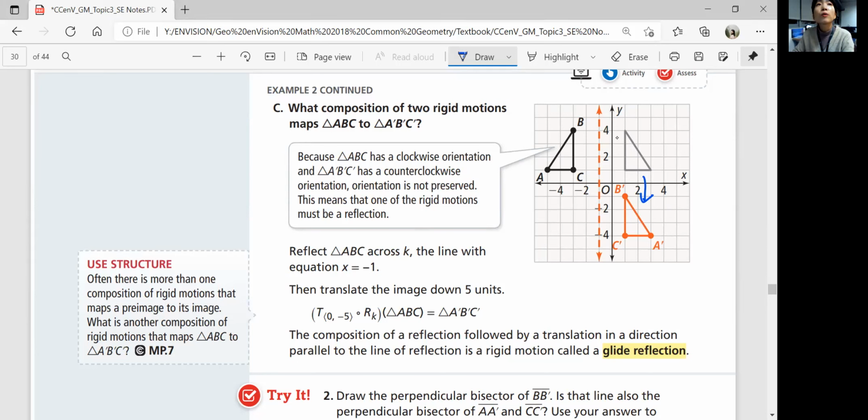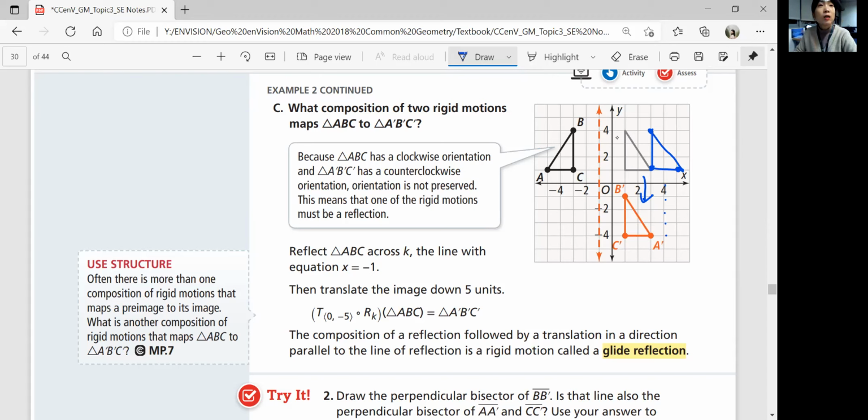If you reflect across the y-axis, you should get a triangle over here, but then you need to translate it down 1, 2, 3, 4, 5 units, okay? And then 1, 2 units to the left.